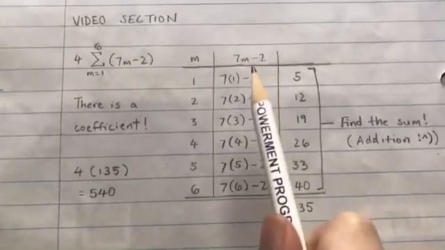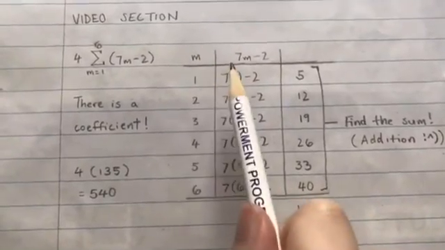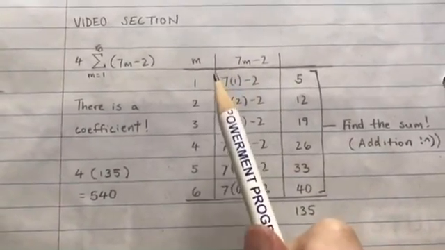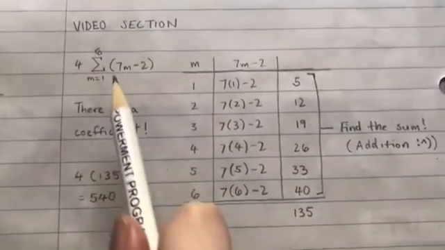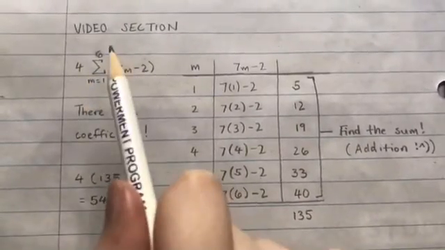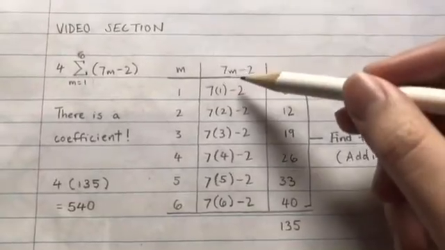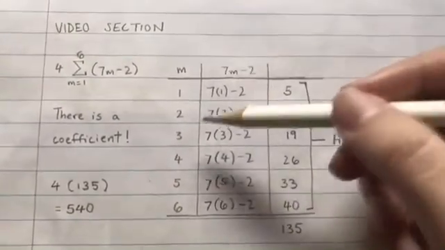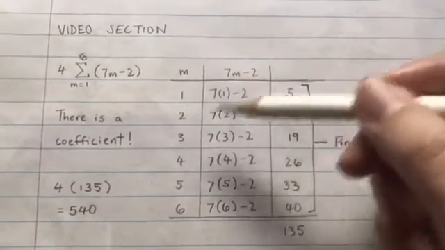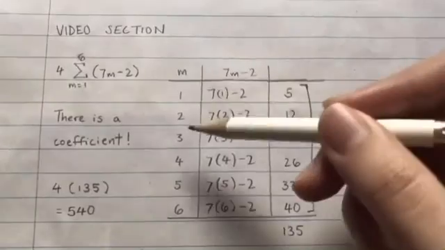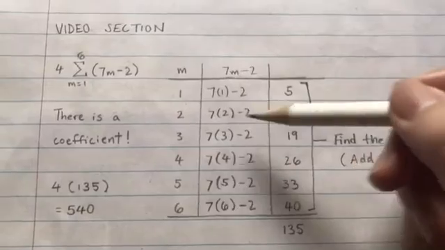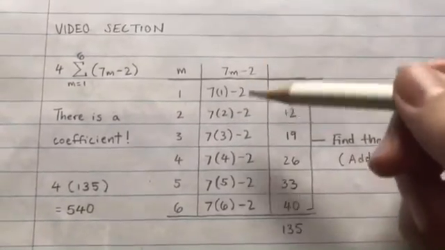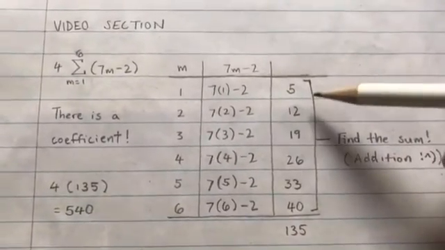So in this chart, we have the variable m here, and then you number it 1 through 6 because it starts off at 1, and the top is 6. We plug in the m, the variable, with the numbers. So for the first sum, we do 7 times 1 minus 2, which is 7 minus 2 equals 5. For 2, we do 7 times 2 minus 2, which is 14 minus 2 equals 12. That's our second sum.